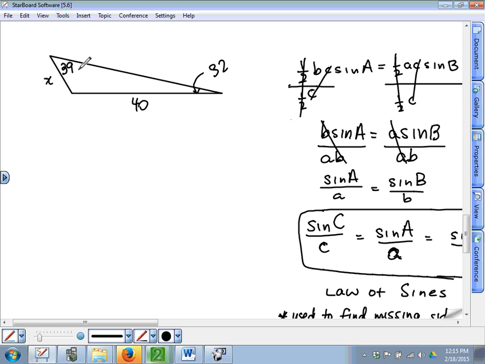Using just the given information, it's angle, angle, side. So can we use law of sines? Yeah, we can use law of sines. Just with the given information, not counting this, it's going to be angle, angle, side.